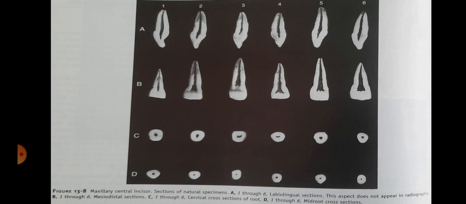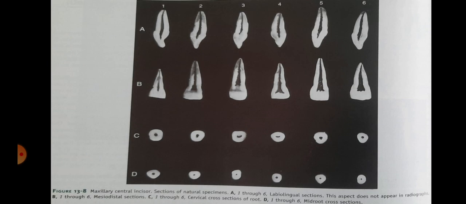As the amount of secondary or reactive dentin increases, the pulp chamber becomes more round or crescent shaped. You can see this in figure 13.8 C3, 4 and 6.